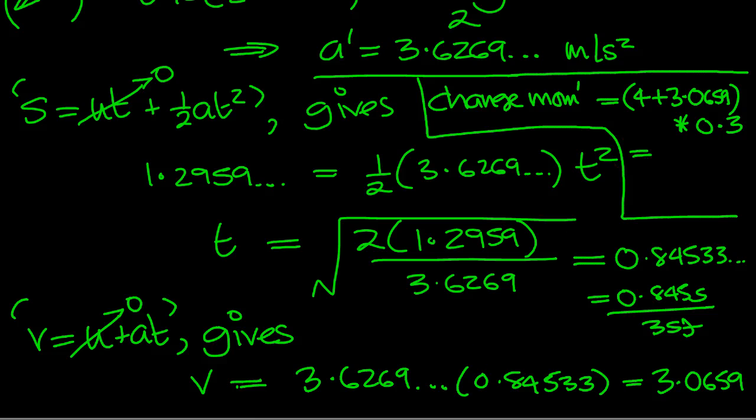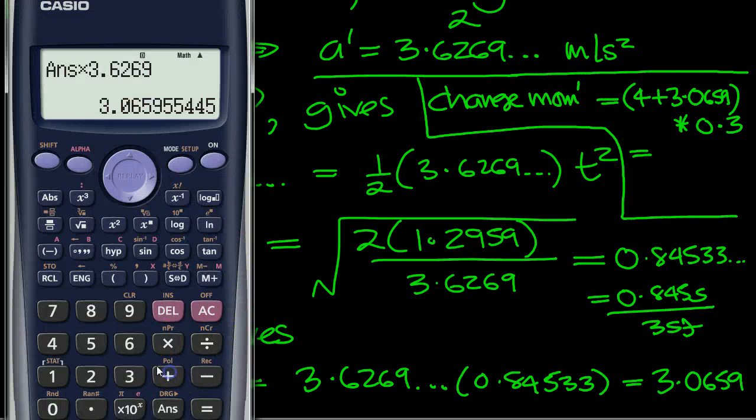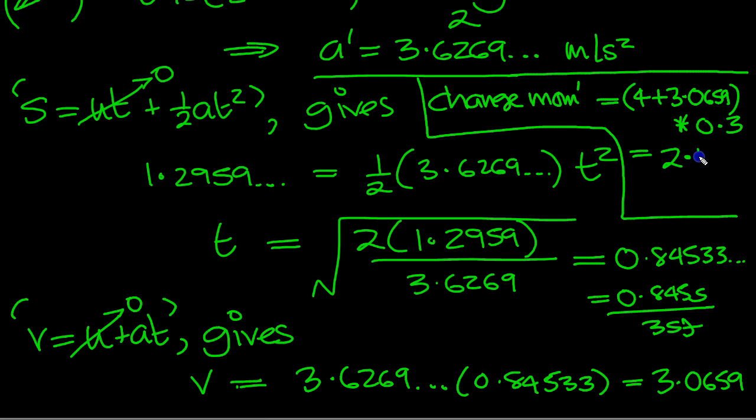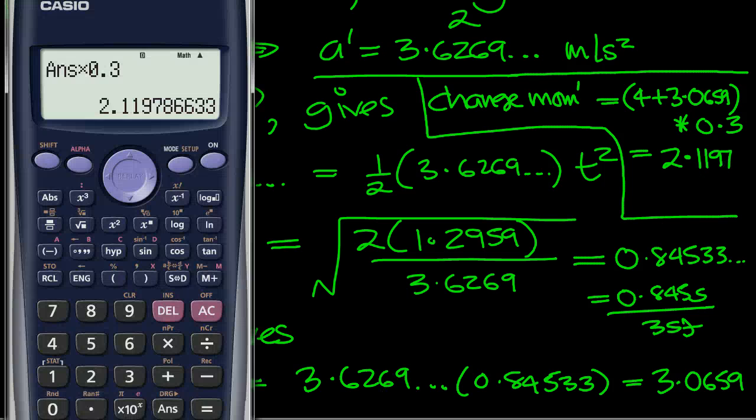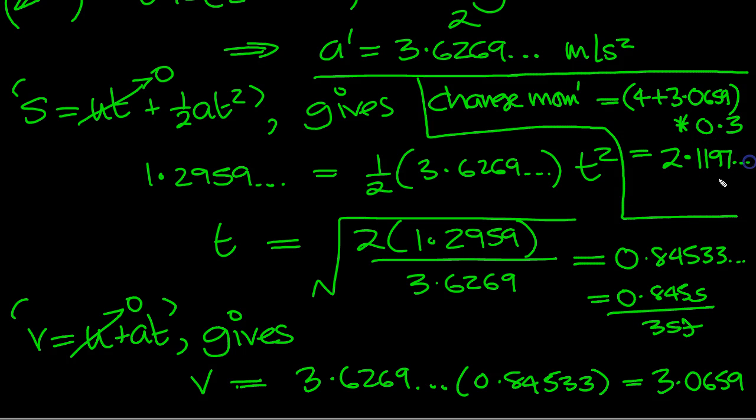So add 4 to this, plus 4 equals, times by 0.3 is 2.1197, which equals 2.12 kilogram meters per second. And that's the three significant figures.